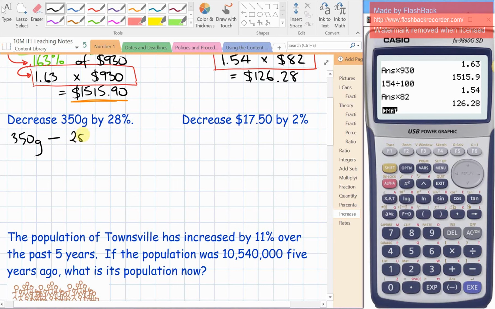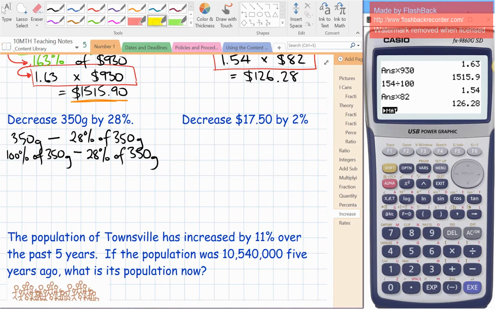I subtract 28% of 350 grams. Now that 350 grams from the previous questions we know is actually 100%. So I rewrite that as 100% of 350 grams minus 28% of 350 grams.